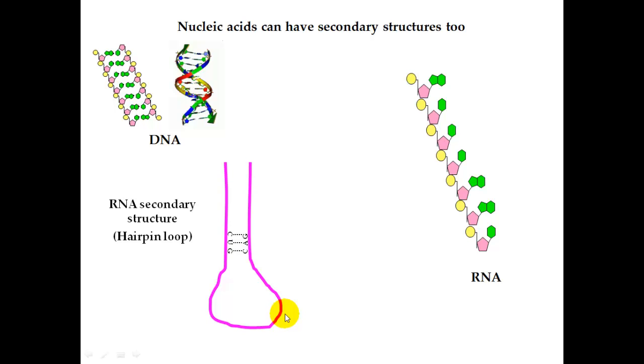One kind of cool thing to keep in mind is that RNA can be a pretty long molecule. It can be a pretty long string of nucleotides. And when you have a really long string of nucleotides, it's possible for a bunch of these hairpin loops to form within that same molecule.